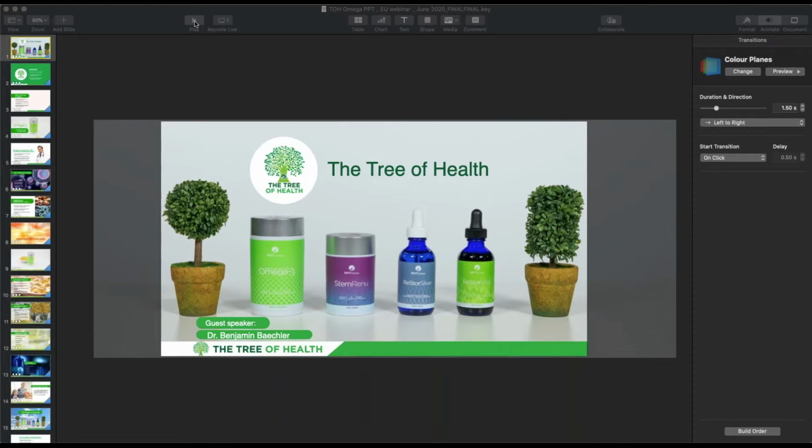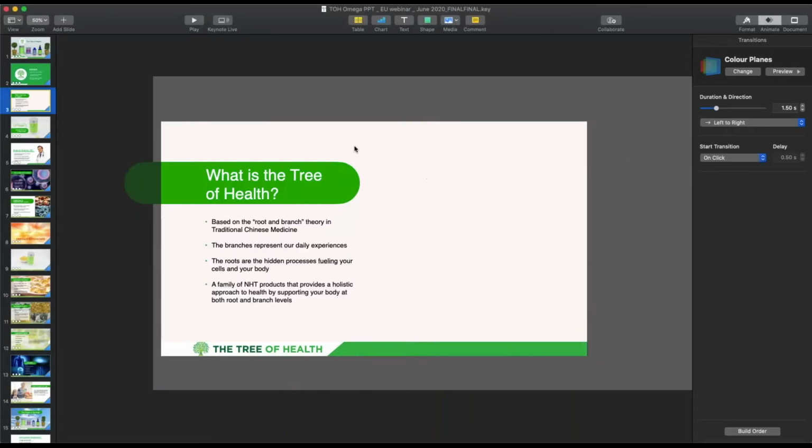Branches represent our daily experiences. They represent really what we see and what we feel, and how our health is manifesting itself and interacting with our world around us. Those roots represent the cellular processes, the things that we don't see or even think about.